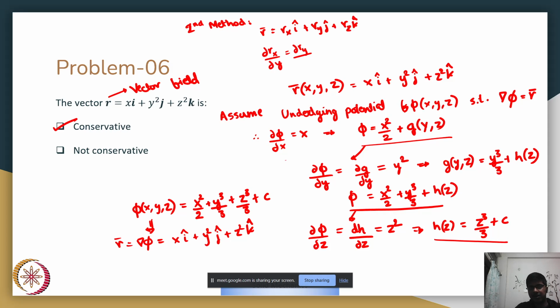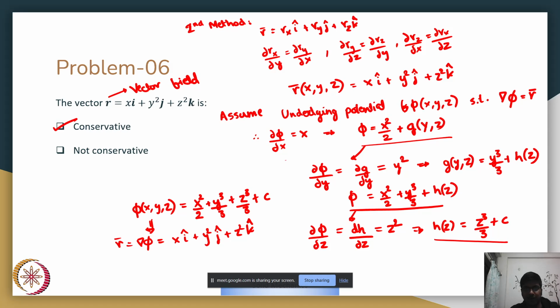if these relations are indeed satisfied. If these three relations are indeed satisfied, then also we can say that R is a conservative vector field.